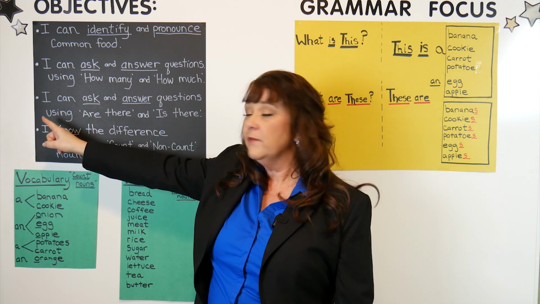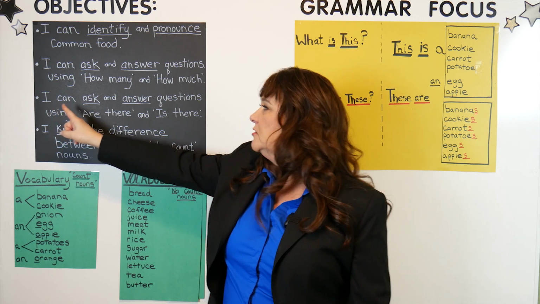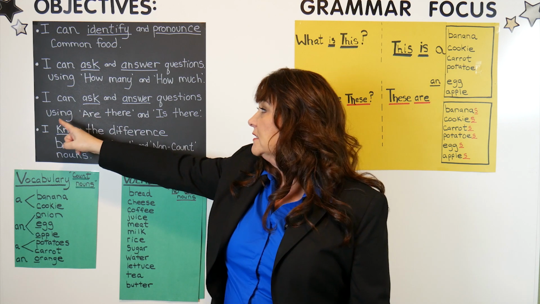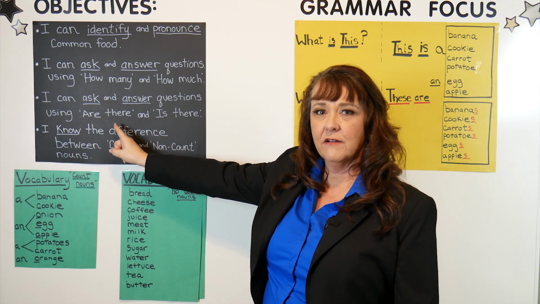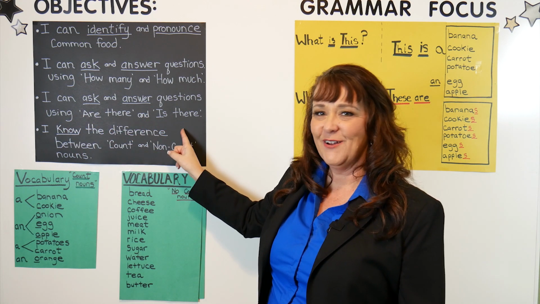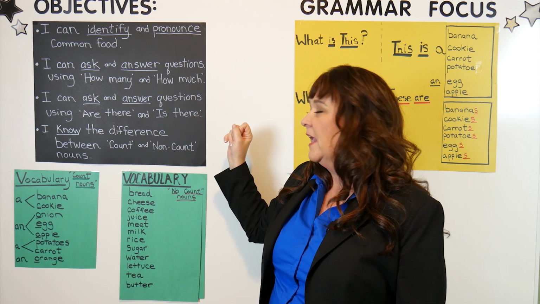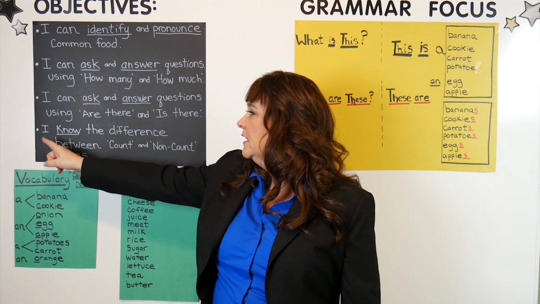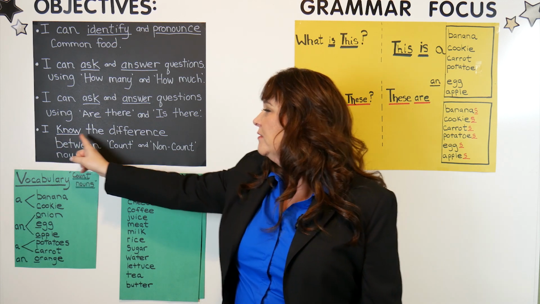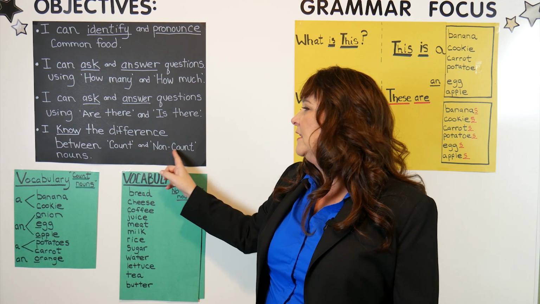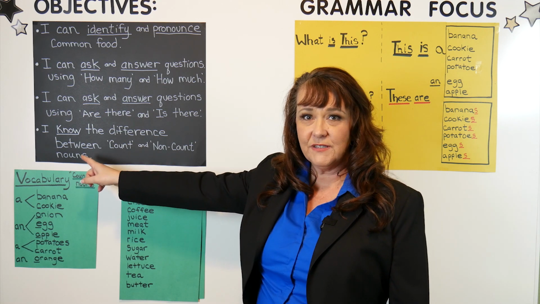Another objective will be to learn to ask and answer questions using are there and is there. But don't worry, we'll talk about when to use each one. And the last thing that you'll learn is you'll be able to know the difference between count and non-count nouns.